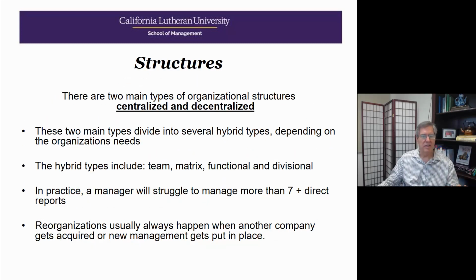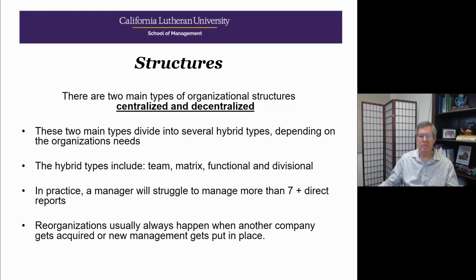So, different structures. There are two main types of organizational structures, centralized and decentralized. These two main types divide into several hybrid types depending on organizational needs. The hybrids include a small team, a matrix, functional, and divisional. In practice, a manager will struggle to manage more than 7 direct reports.